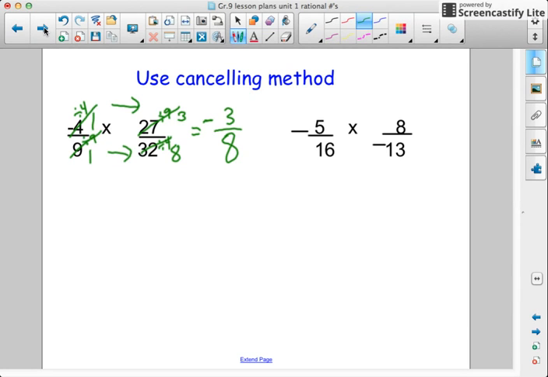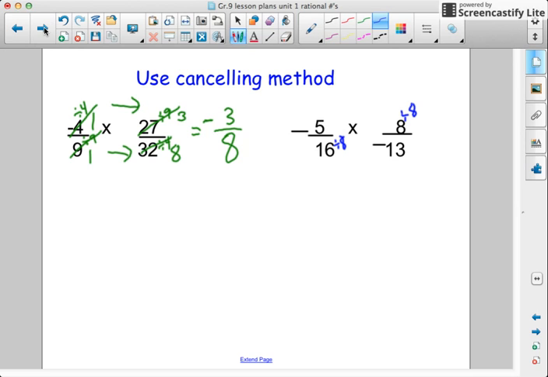Okay, let's try that on this next one as well. So I look at the 5. Can 5 go into anything on the bottom? No, so that's not going to cancel. But on this other fraction, I have 8. And on the bottom here, I have 16. So 8 will actually go into the top and the bottom. So I'm going to divide by 8.